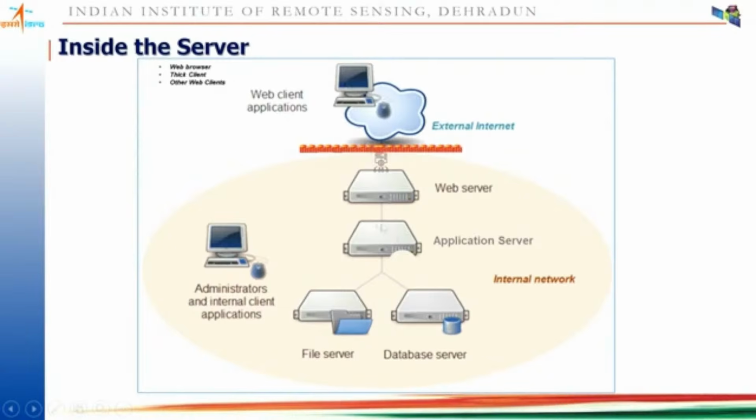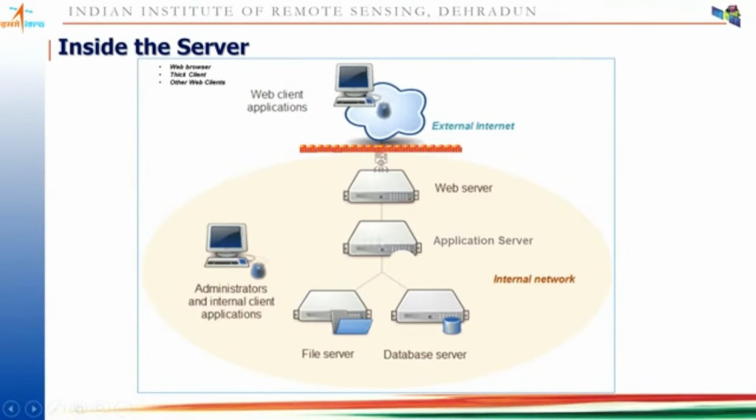After that, there are certain applications inside the server. Suppose there is a specific request which requires some other resources from the server end, like database access, or access to a certain file. I want to see a certain file, or I want to authenticate users with the help of a username and password. They are all stored in the database, and files, photographs, all those things are stored in the file server.